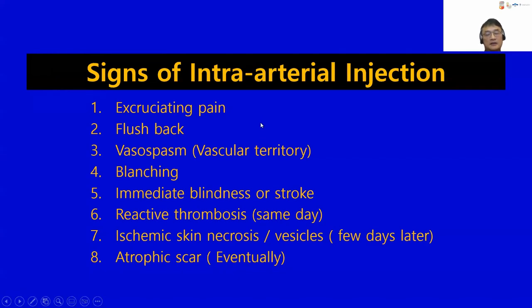The patient immediately complains of blindness or stroke symptoms, and then later reactive thrombosis. A few days later you can see ischemic skin necrosis and vesicles, and finally the patient gets an atrophic scar on the skin.